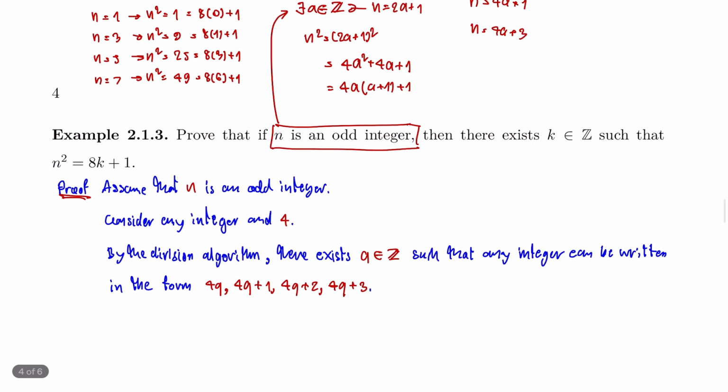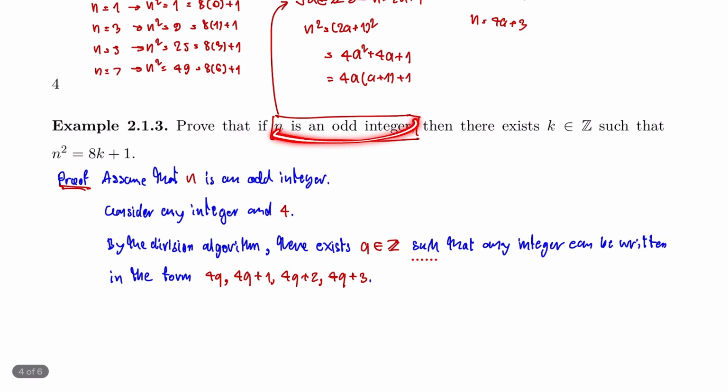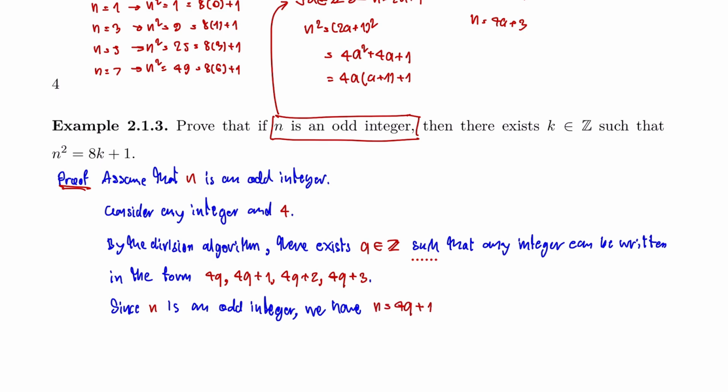Okay, these are the four kinds of numbers that we can write if we consider an integer and 4. But n is an odd integer, so what are the possible expressions of n? We are going to have n equal to 4q plus 1, or n equal to 4q plus 3.